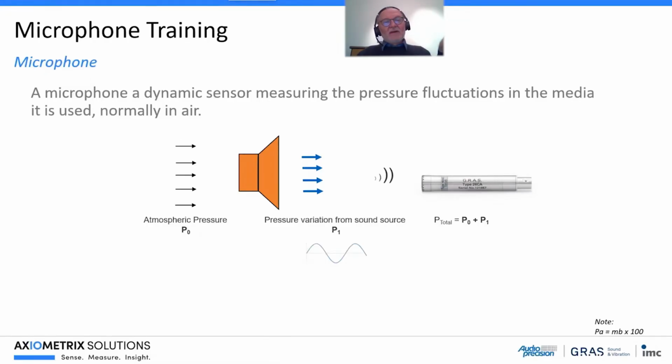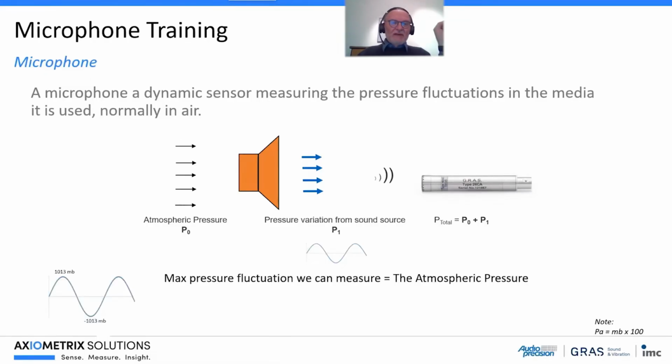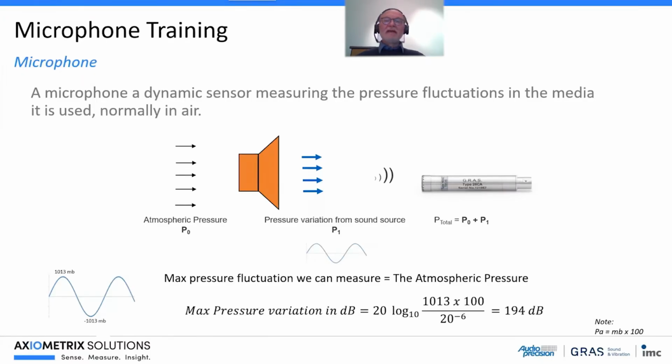When we are talking about pressure, the maximum fluctuation we can measure is equal to the atmospheric pressure. So if we have an atmospheric pressure at reference level, at sea level, equal to 1013 millibar, then the sound pressure level will be equal to 194 dB.